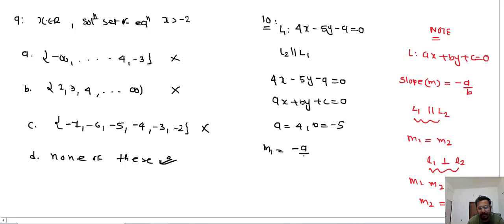Now L2 is parallel to L1, so m2 is equal to m1. So our answer is 4 by 5, and C is our right answer. Now let's go for the next one.